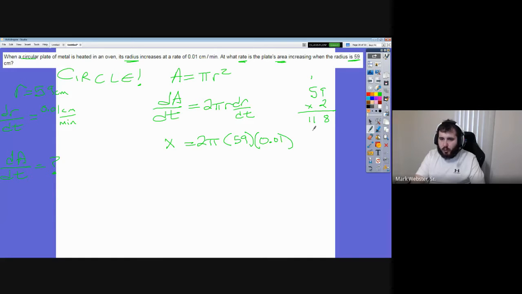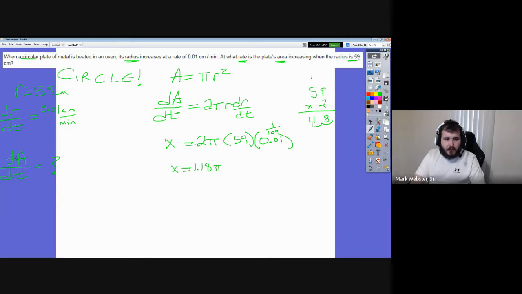And then times 0.01. That's a great number because we can just move the decimal place over 2, because we're dividing by 100, right? 0.01 is a hundredth. A tenth, a hundredth, right? So look at what we have. We've got 1.18 pi.